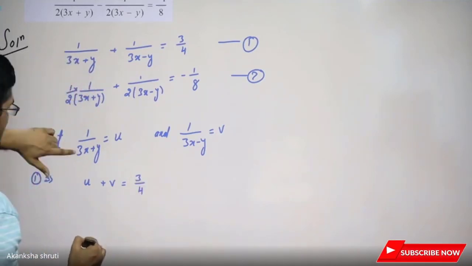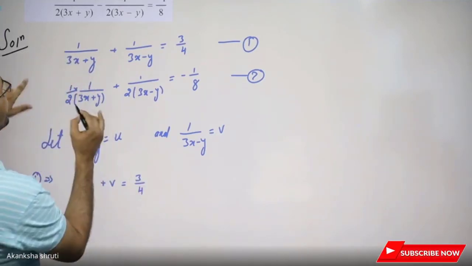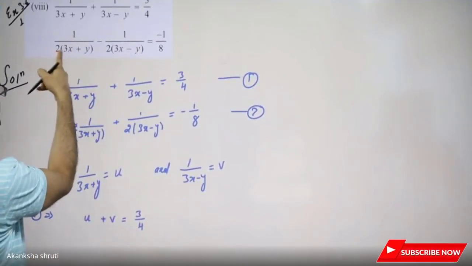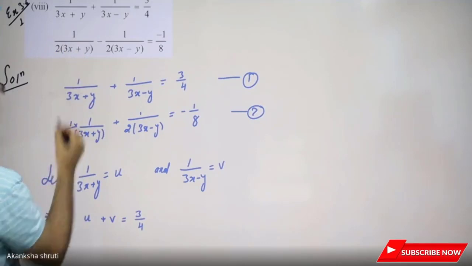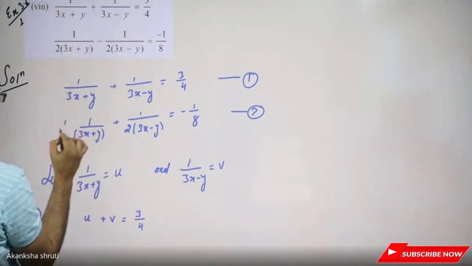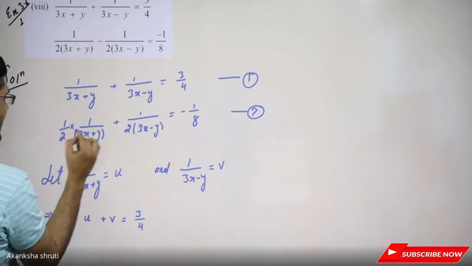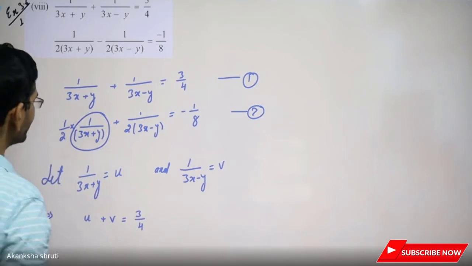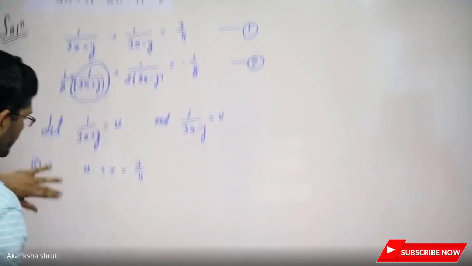The same substitution we need to do in this second equation, student. Keep in mind 1 by 2 bracket 3x plus y is equivalent to 1 by 2 multiplied by this much, and we have assumed this much as our u, so it becomes 1 by 2u.